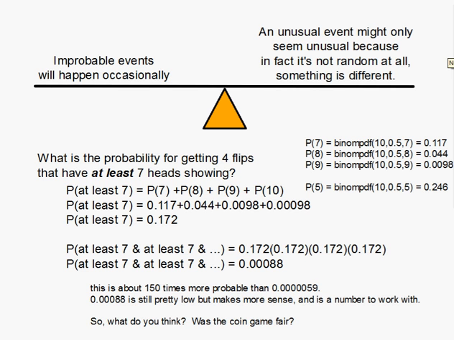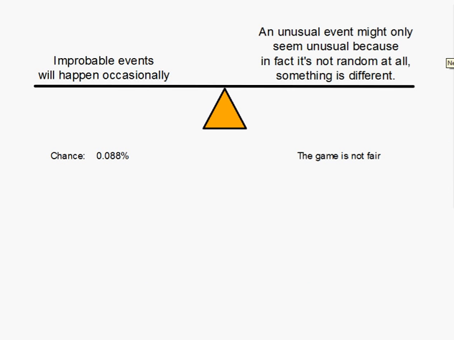So now that we have our number, we can go back and say, was the coin game fair? We can look at this balance. We can say, this is still a probability less than 1/10 of 1%, or is the game unfair?